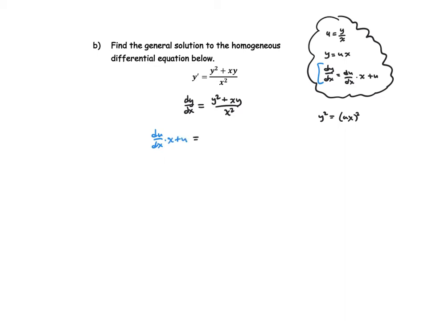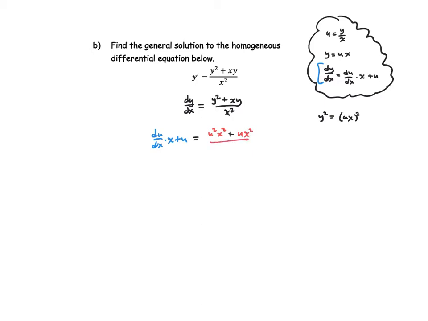I'm going to rewrite the right side. y squared is going to be u squared x squared, right? And xy will be equivalent to x times ux, which will be ux squared.